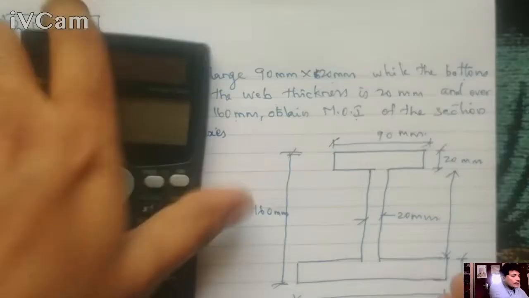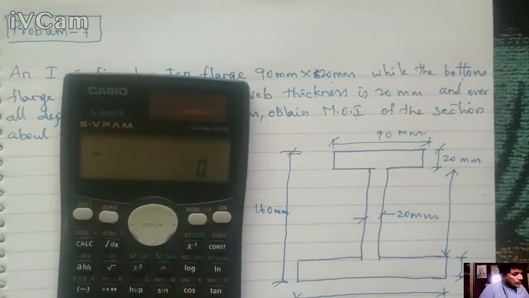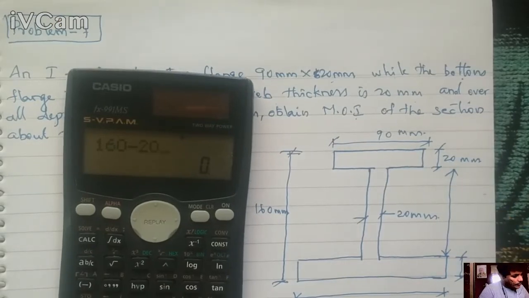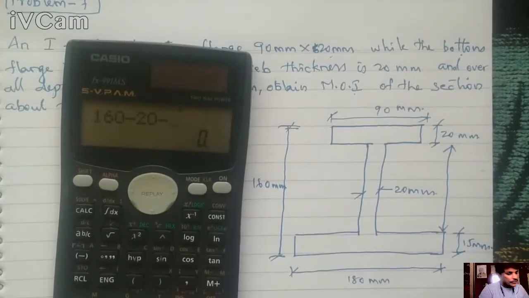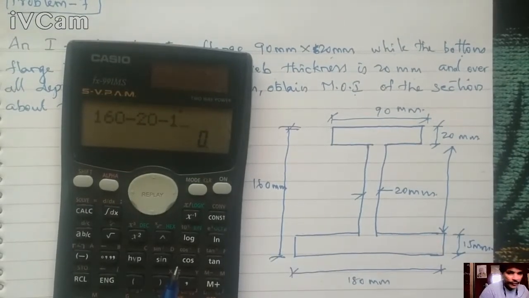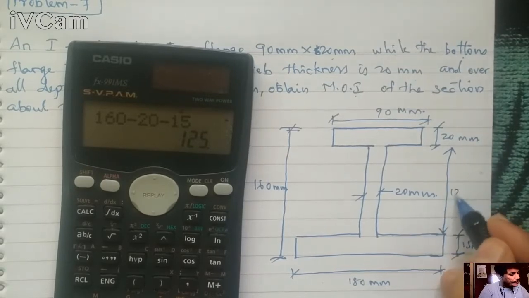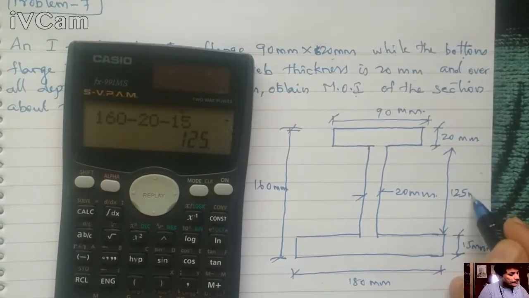You can take 160 minus this height 20 minus this thickness 15. So 125 mm is the depth of the web.